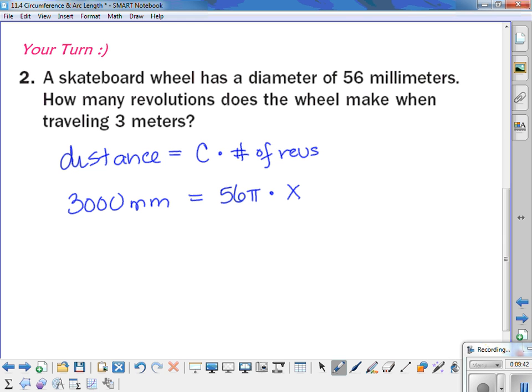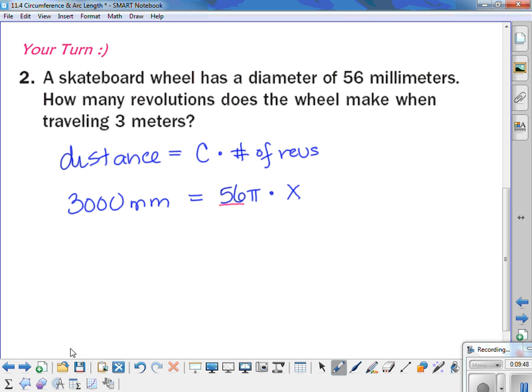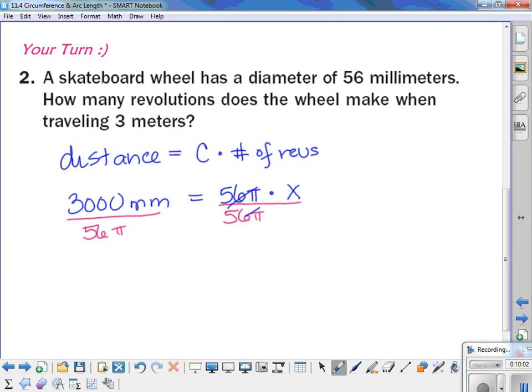I don't know how many revolutions, so I'm just going to use x for now. So to get the x alone, we need to divide by 56 pi. And so when you put 3,000 in your calculator and divide it by 56 pi, you should get that x equals 17 revolutions.